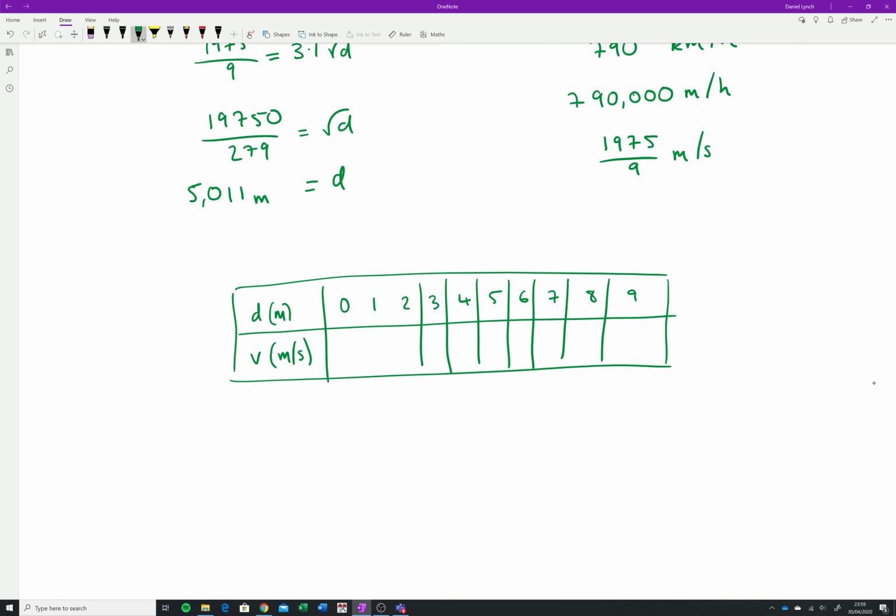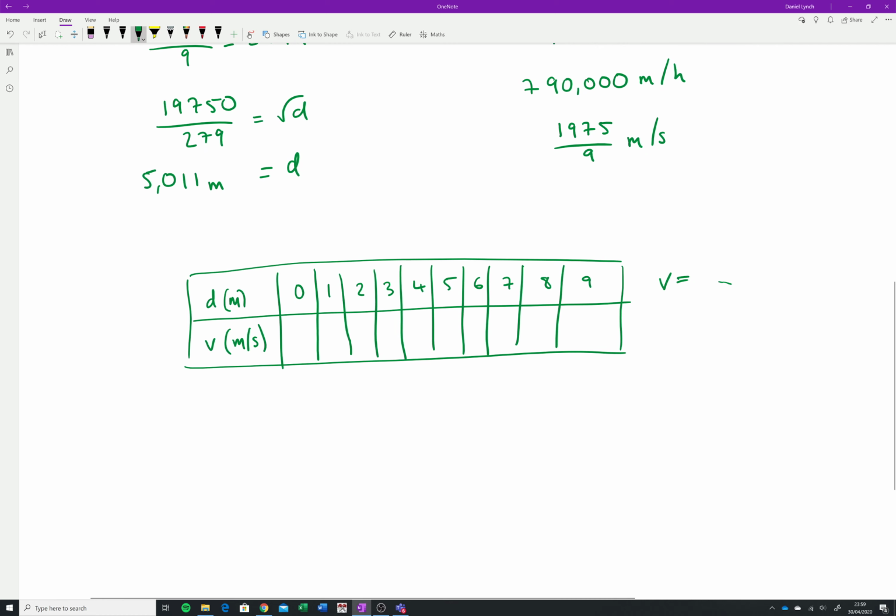So what they're doing this time is they're giving you the depth and they're asking you to get the speed. So remember it was 3.1 root d. So you've got a choice here just on your calculator.